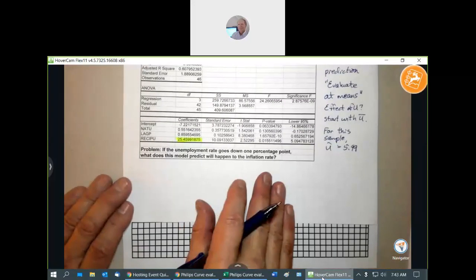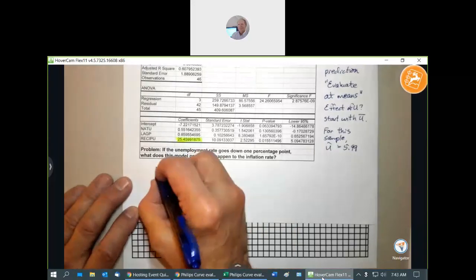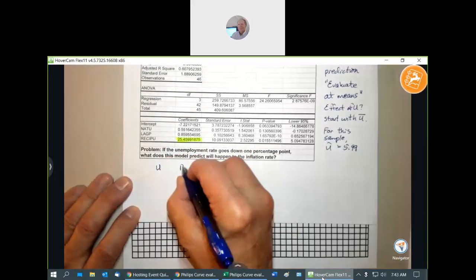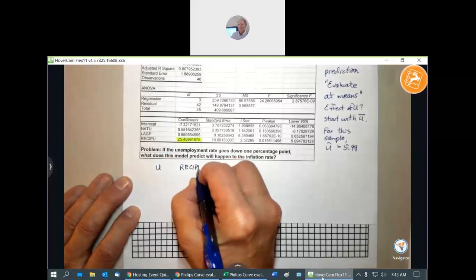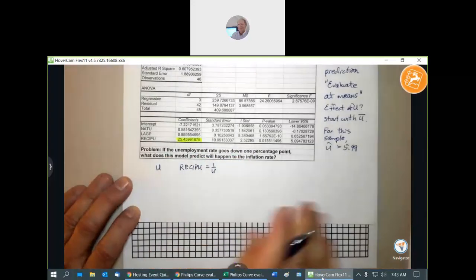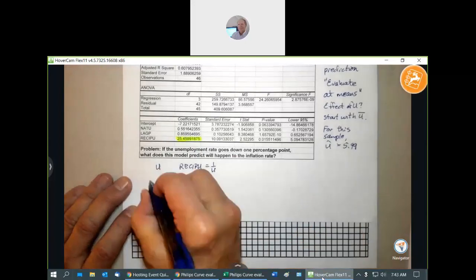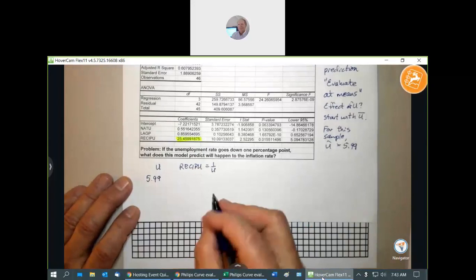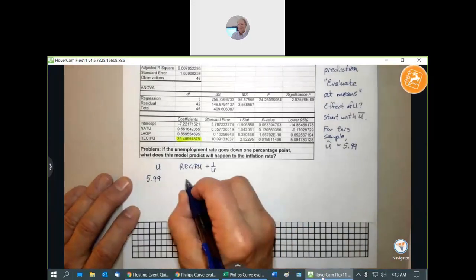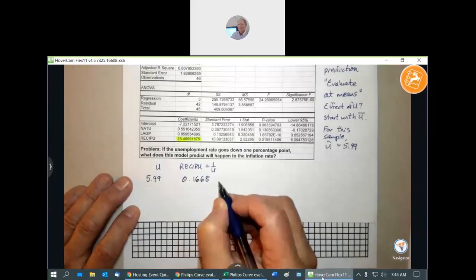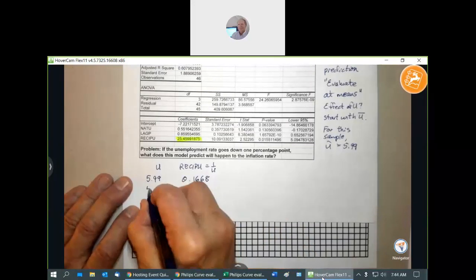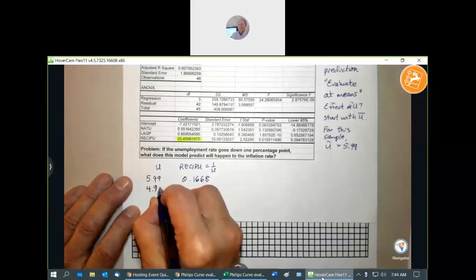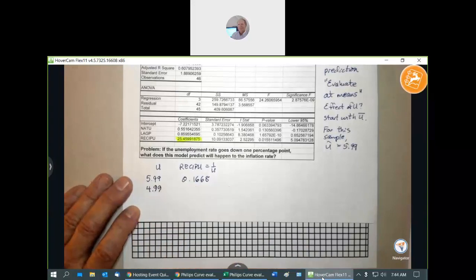We're going to make a little table, and for problems like this, I recommend making this little table. We're going to have U, and then we're going to have recip U, which is equal to 1 over U. And for 5.99, the mean of our sample, just pull out your calculator, 1 divided by 5.99, there it is, it's 0.1668.